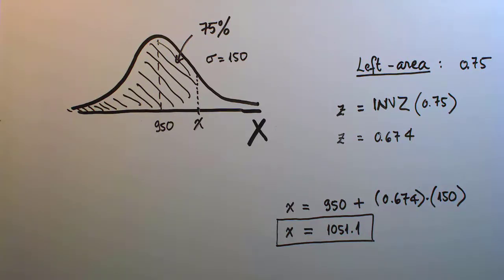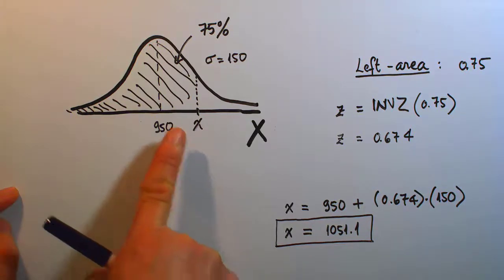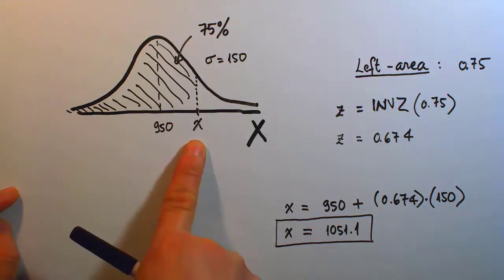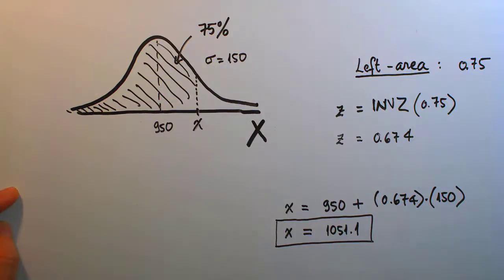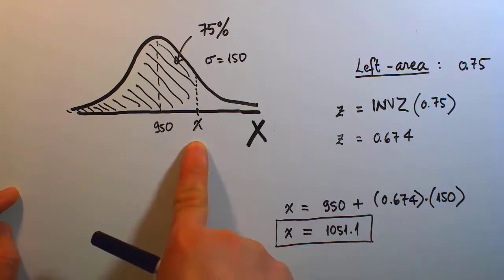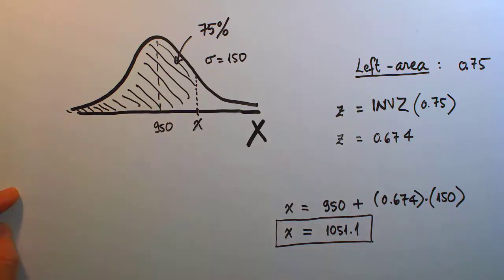Now we know that an SAT score of about 1051.1 has 75% of the data to the left. It is the cutoff SAT score of the bottom 75%.